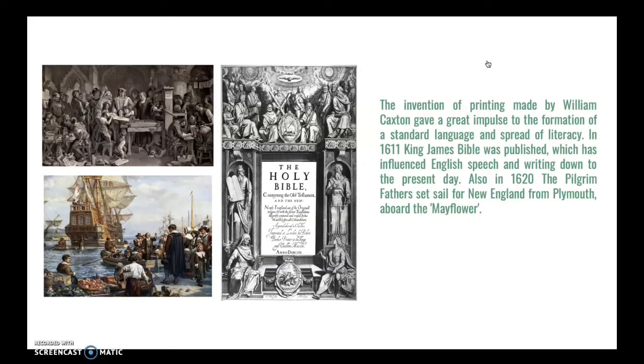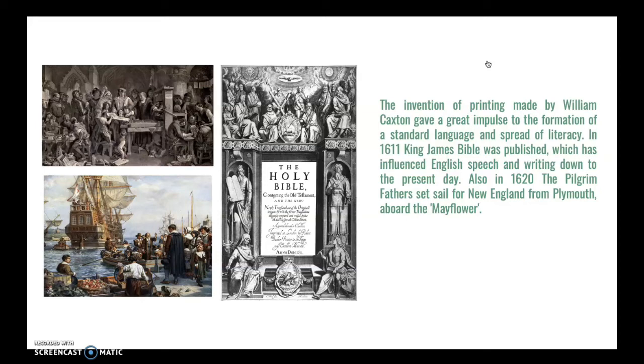Now, Modern English developed after William Caxton established the printing press in 1476. The invention of printing gave a great impulse to the formation of a standard language and the spread of literacy.